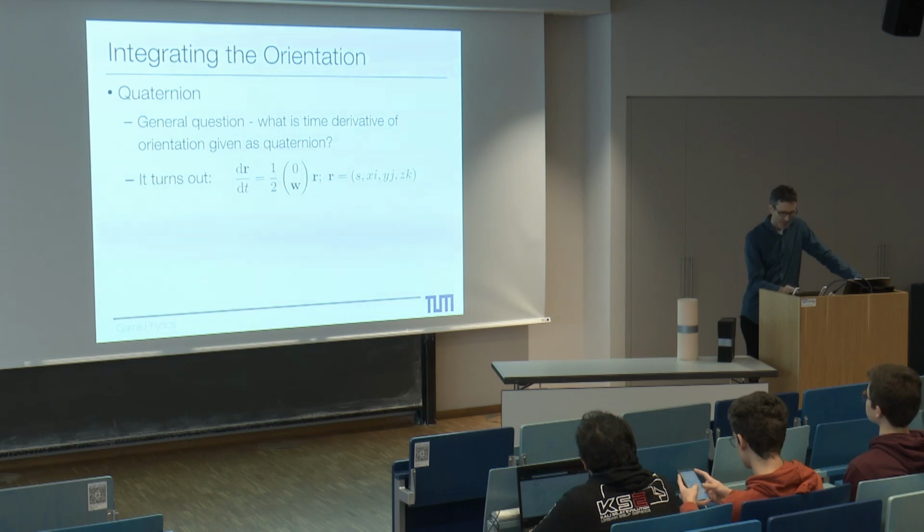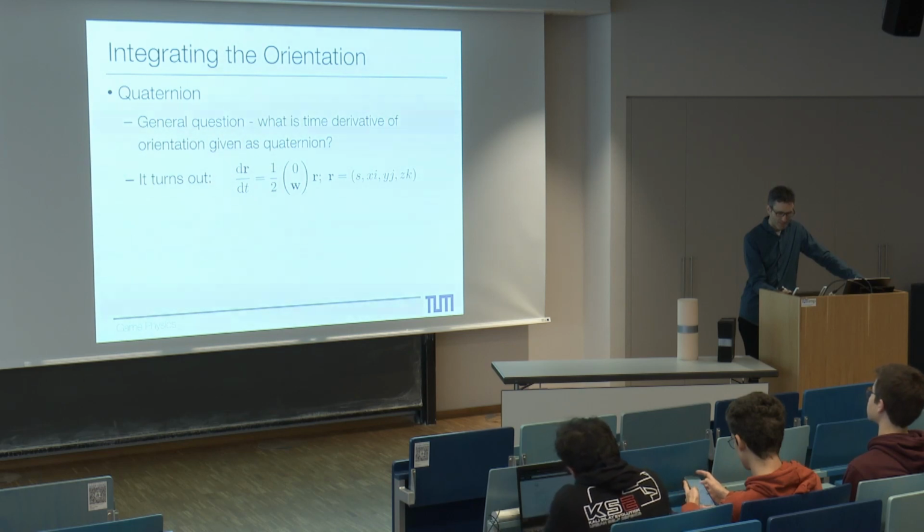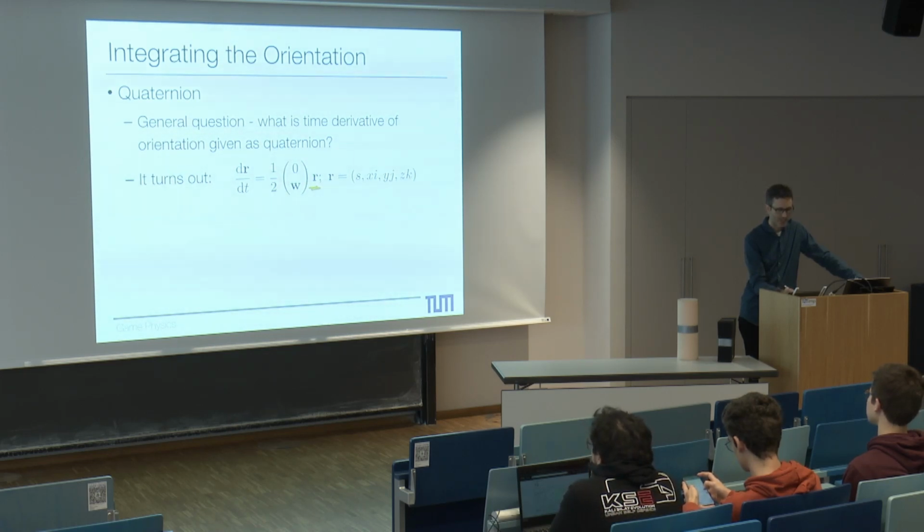The answer is the following. We can show that the time derivative of a quaternion R is actually given by a step, our angular velocity, formulated in terms of this quaternion multiplied with R and then 1/2.